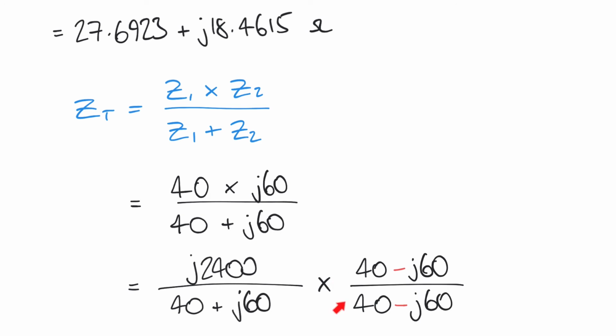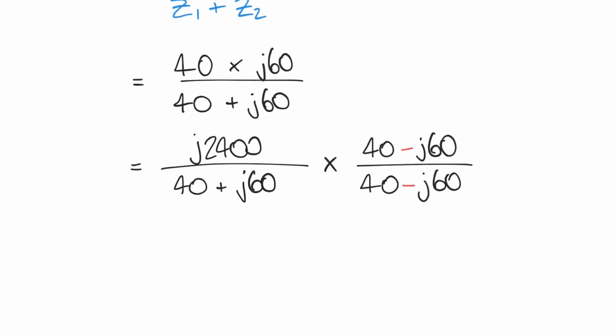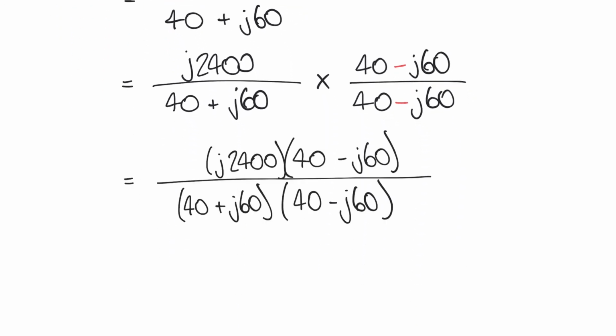And when we multiply these out, let's write this in bracket form. We have j2400 multiplied by 40 minus j60 on the top. We have 40 plus j60 multiplied by 40 minus j60 on the bottom.